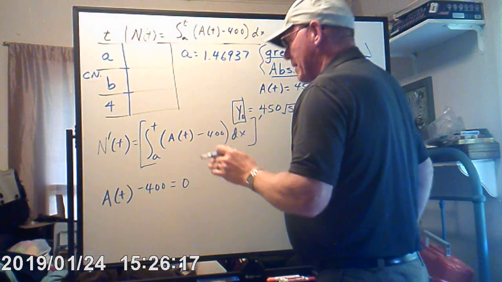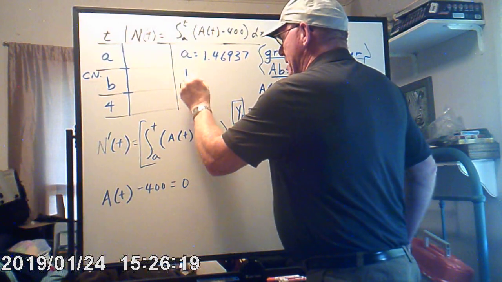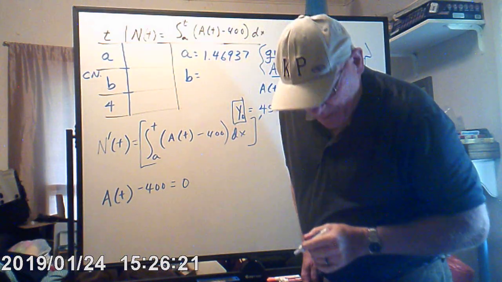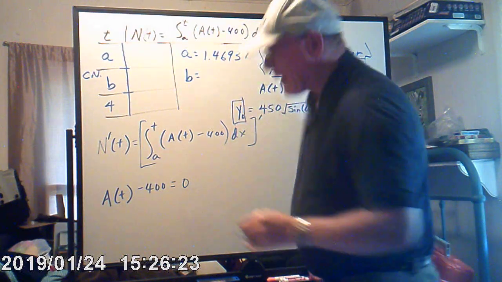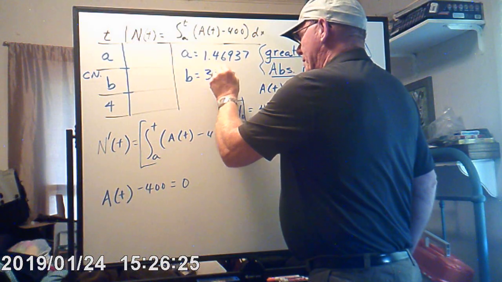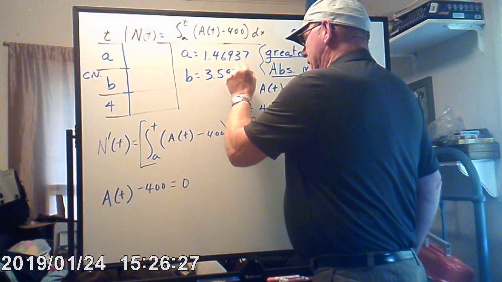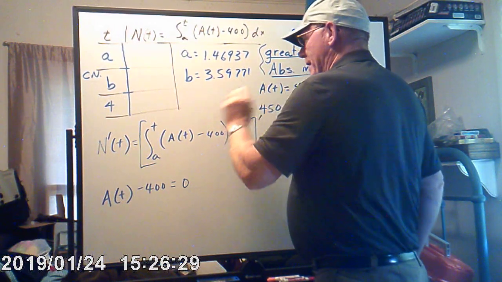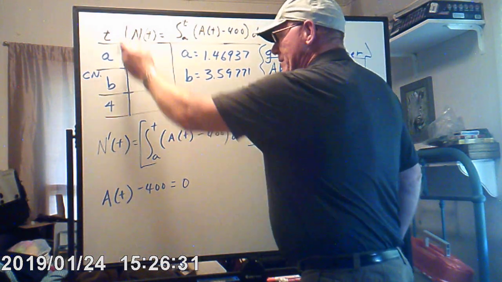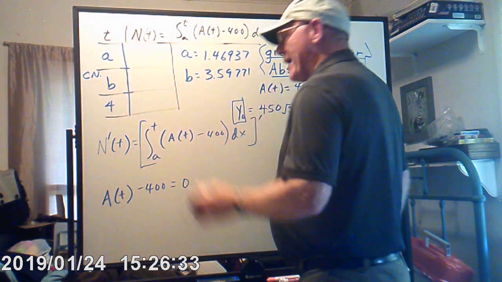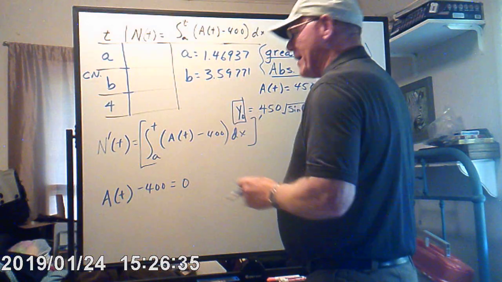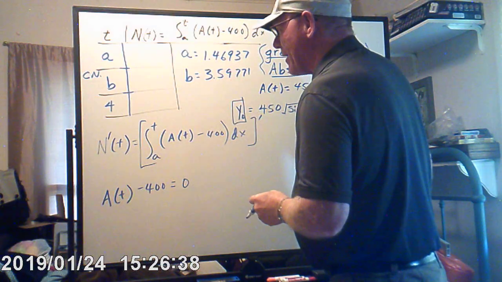That's A. And then B happens to be 3.59771. Now, if you label this and you put A, B, and 4 here, that is perfectly okay.